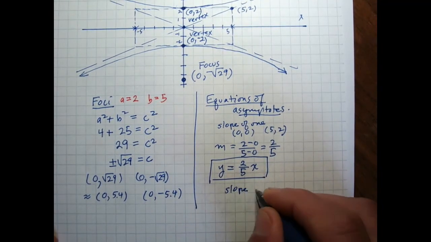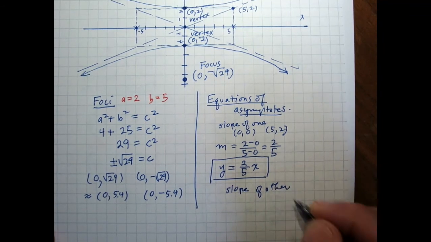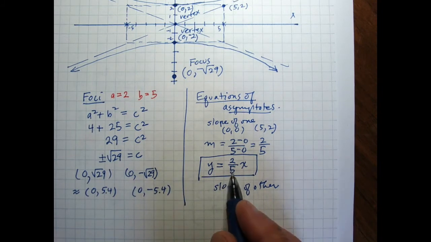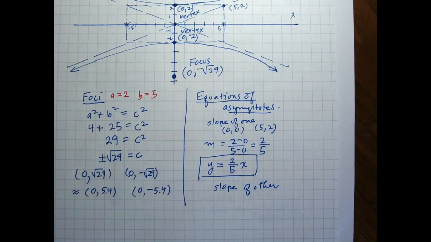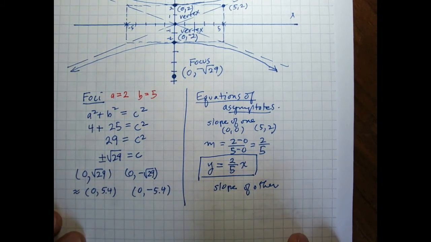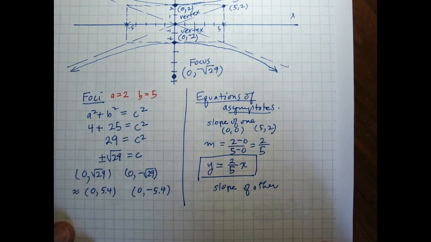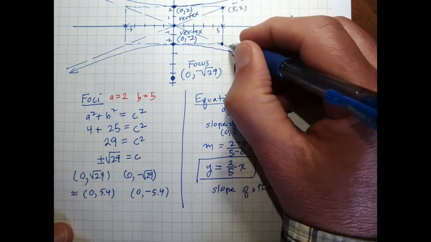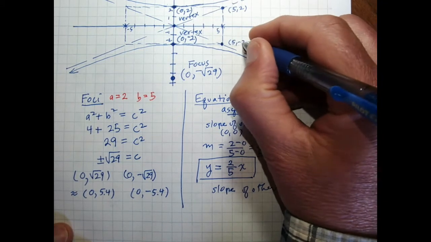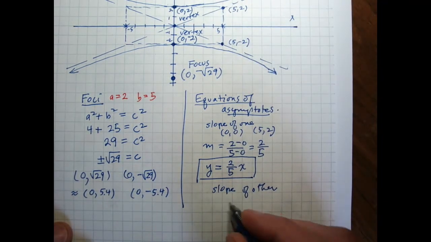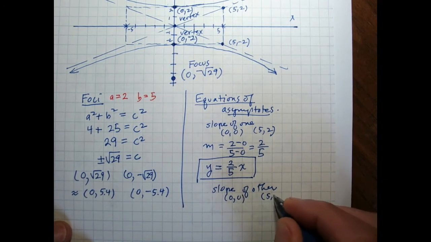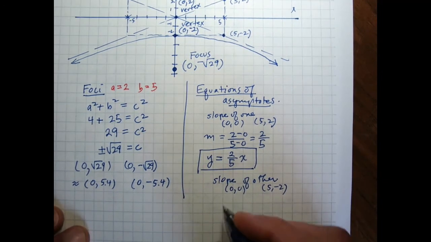The slope of the other, you can always just memorize this if you want. Just use the negative of 2/5. It'll be y equals negative 2/5 x. They always turn out this way. If you weren't sure, you could pick a point on the other asymptote, like 5, negative 2, and compute the slope using 5, negative 2 and 0, 0.